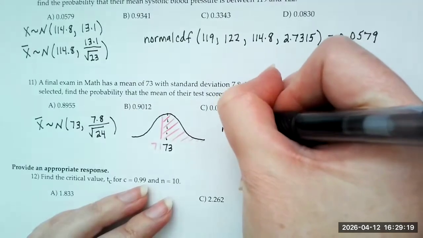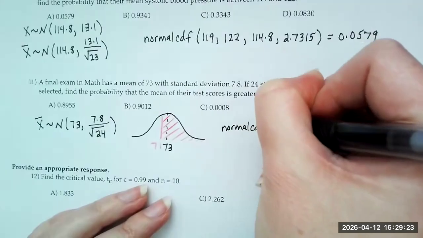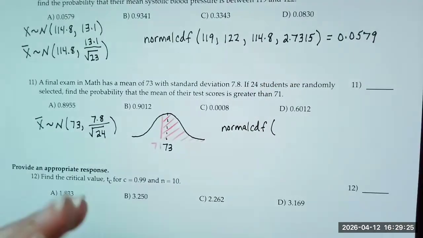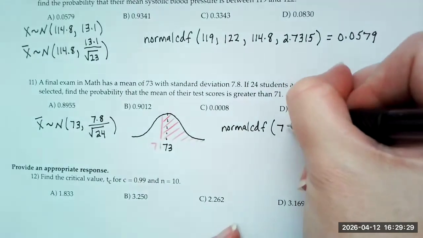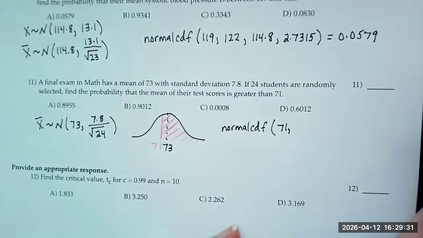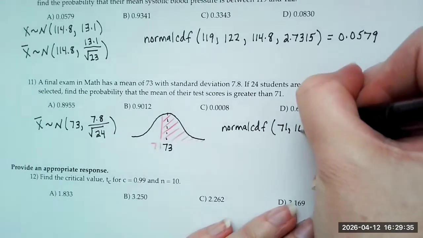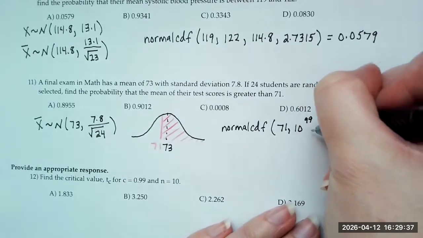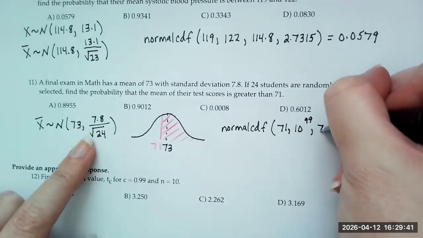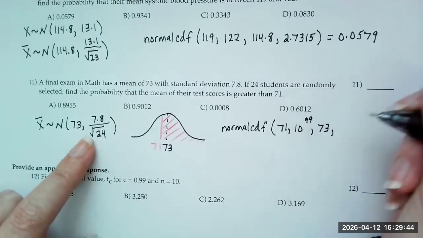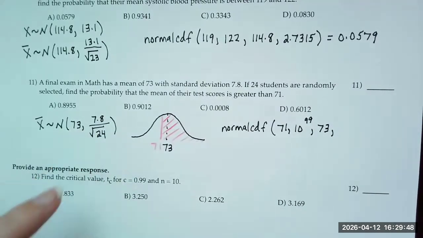So we're going to take our normal CDF. Coming from the left-hand side, the first number that I hit in the shaded region is the 71, so that's going to go in first. And then I'm shading all the way to positive infinity, so we're going to do 10 to the 99th power for that. And then we're going to put in our two numbers for the distribution here. So we're going to put down the 73, and then in my calculator, I'm going to figure out what 7.8 divided by the square root of 24 is.